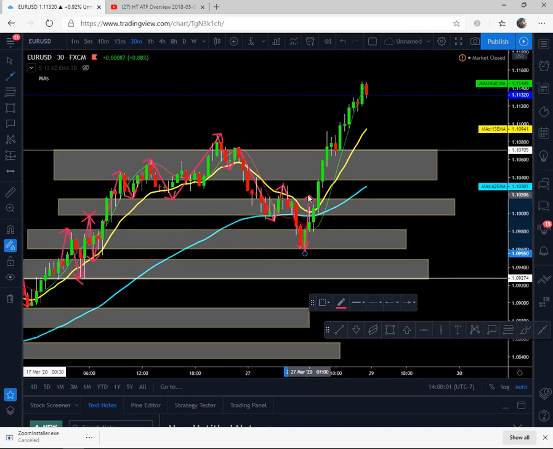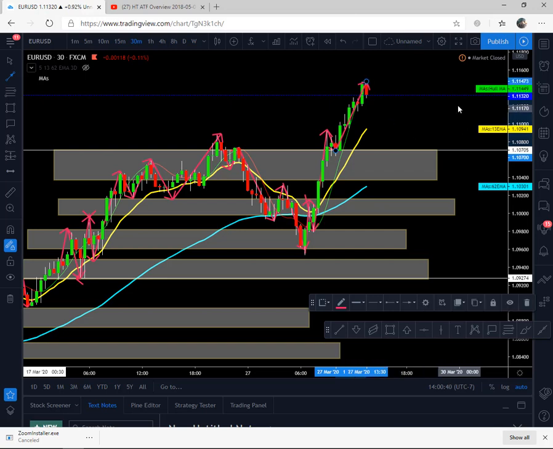So after that, price respected the support and just started going up. Here you can see another entry of the 144, another 144 pip mark, and price started making higher highs.